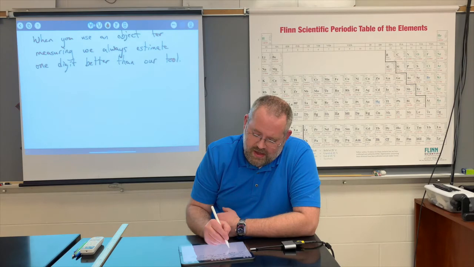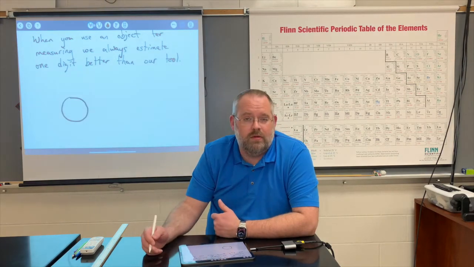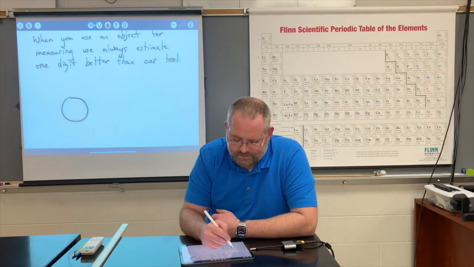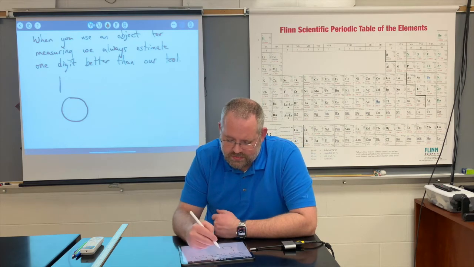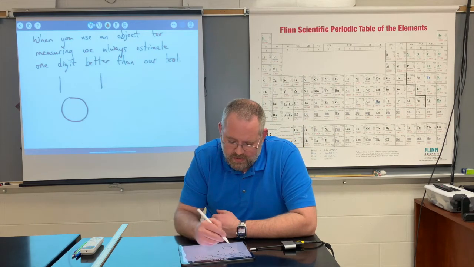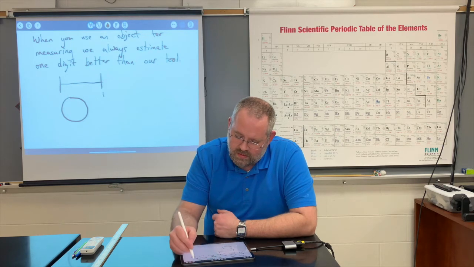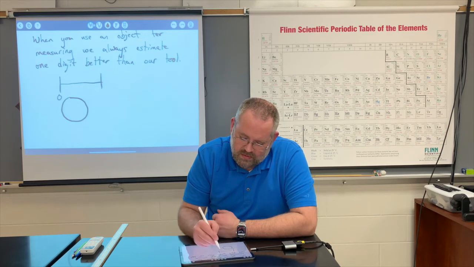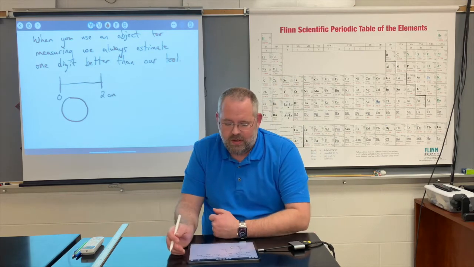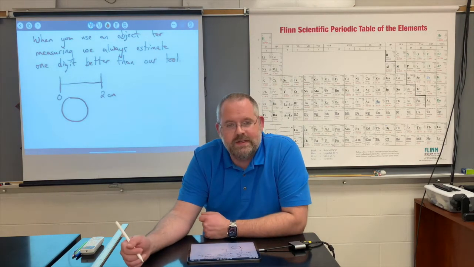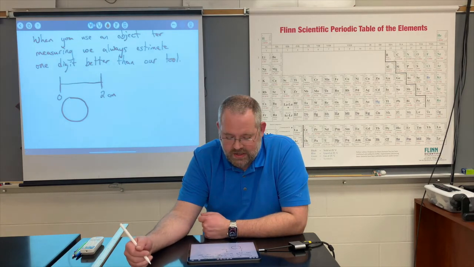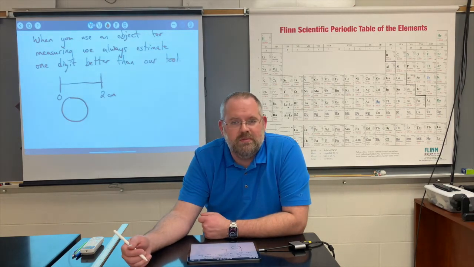Let's have a ball, just some type of a circle. And I want to measure this ball. Now I want to know how big this ball is. Most people would look at this picture and say, that ball is about 1 centimeter.